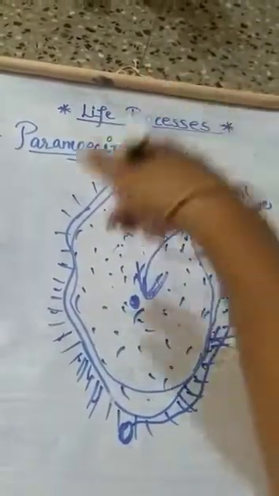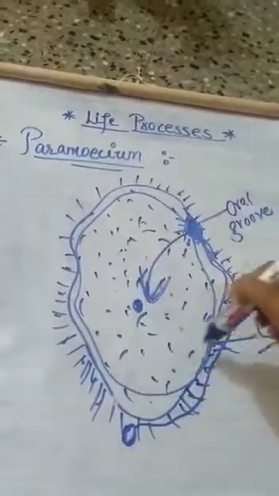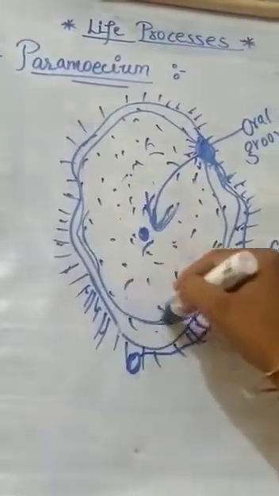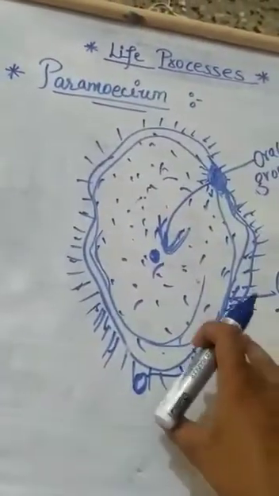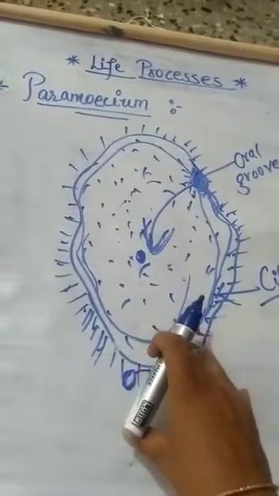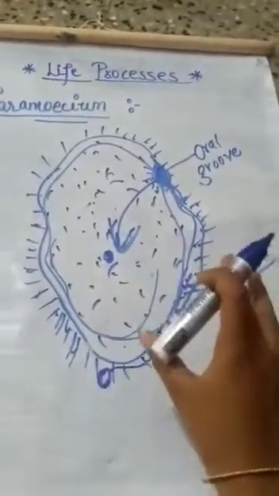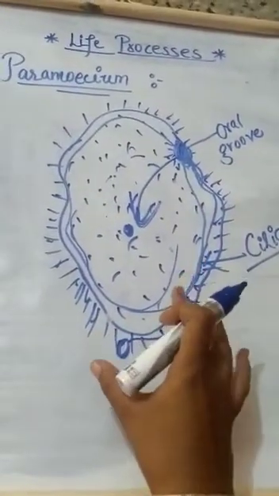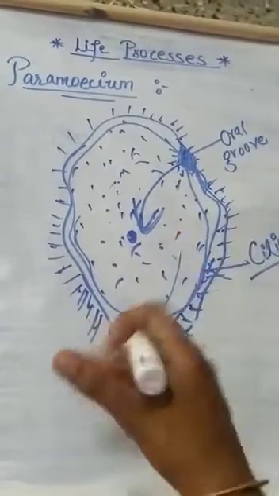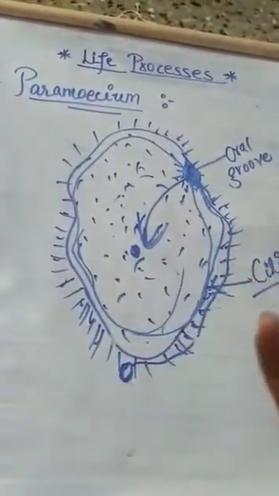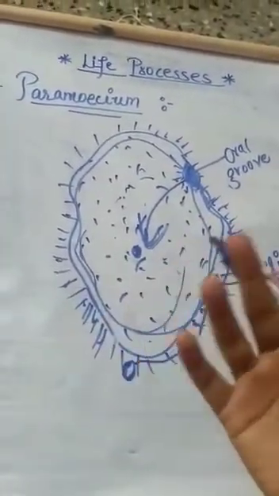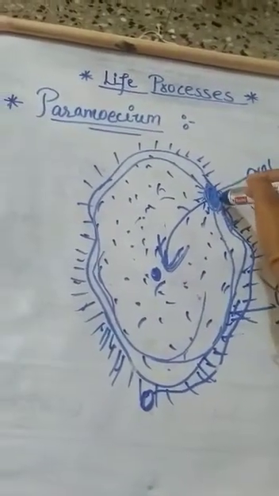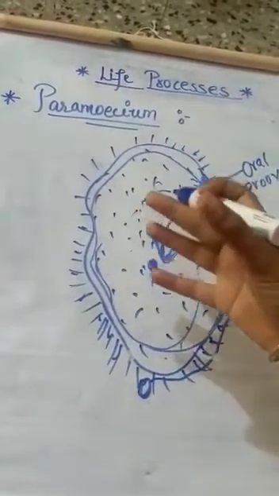Then it is sent to all the surfaces of the Paramecium. So are you clear about it, students? What is the difference between amoeba and Paramecium? Both are unicellular organisms, but they take food in different manner based upon their modification, based upon their different systems. So the food here is taken by a particular special spot from where it can take its food.